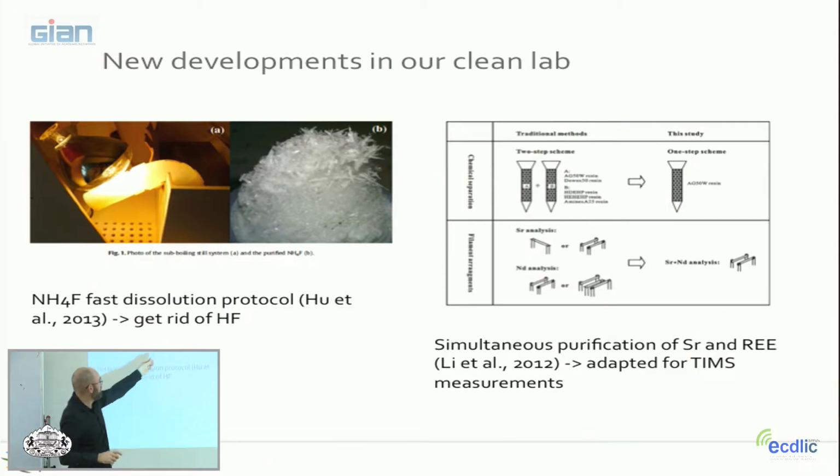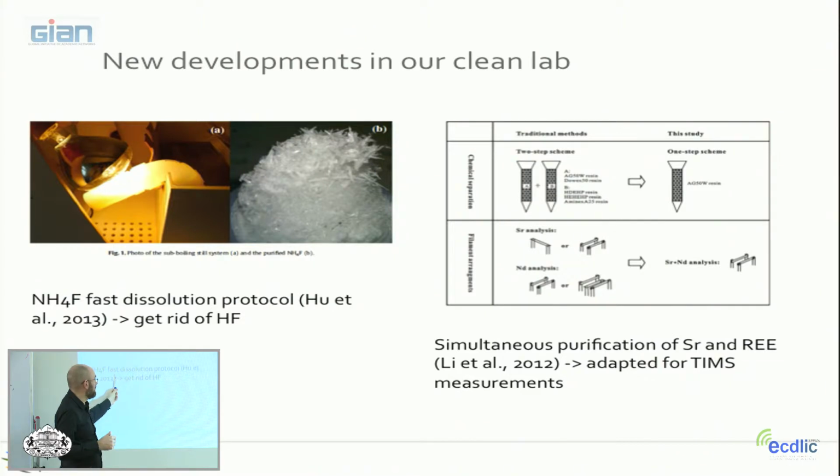So if you put this as a solid in your powder, you close it, and then you put it at high temperature, it decomposes into HF and ammoniac, but in a closed system. You are not touching it. And when you cool it down, you have no more HF, because HF is linked with the elements which were present in your rock matrix.